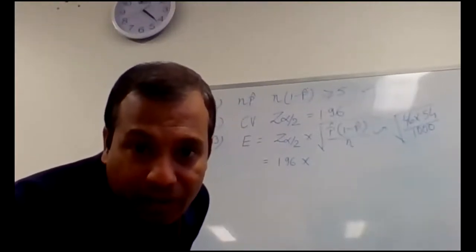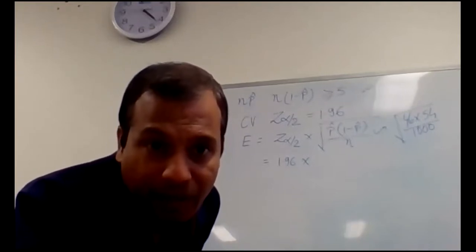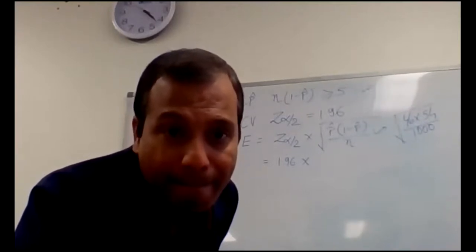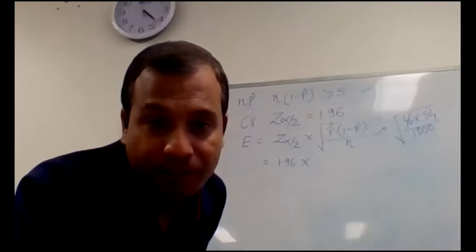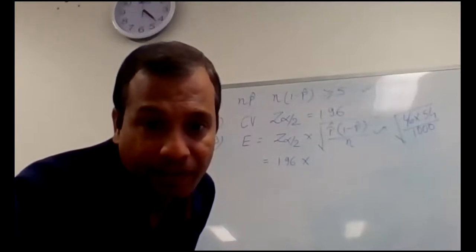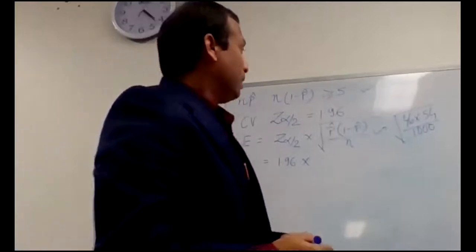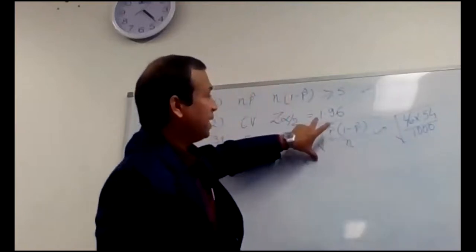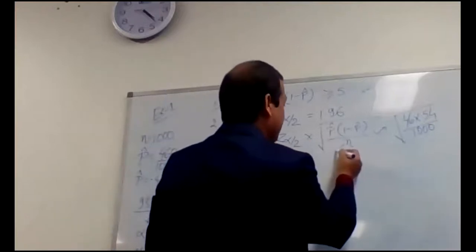Try to solve that E part, the margin of error. What do you get? How much is coming from the square root of p hat into 1 minus p hat divided by n?